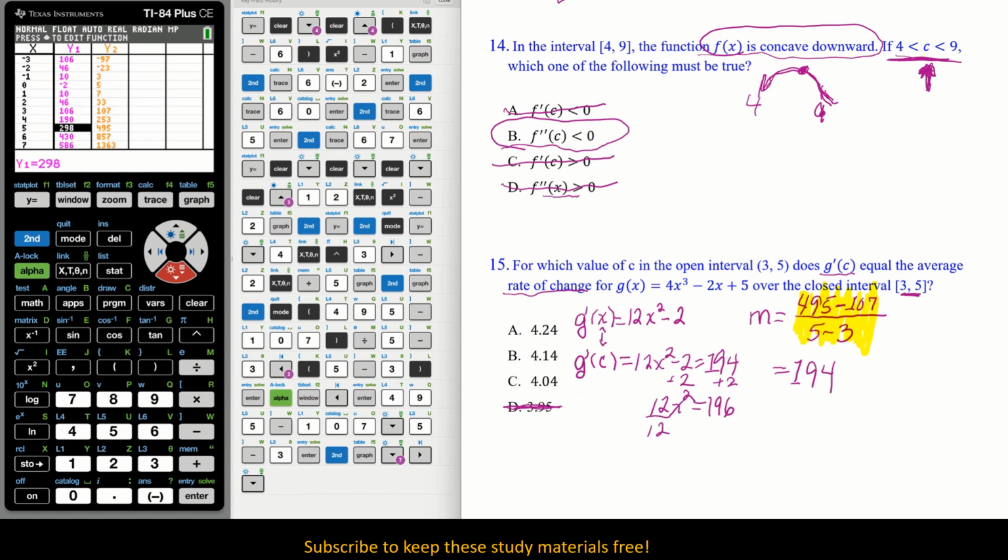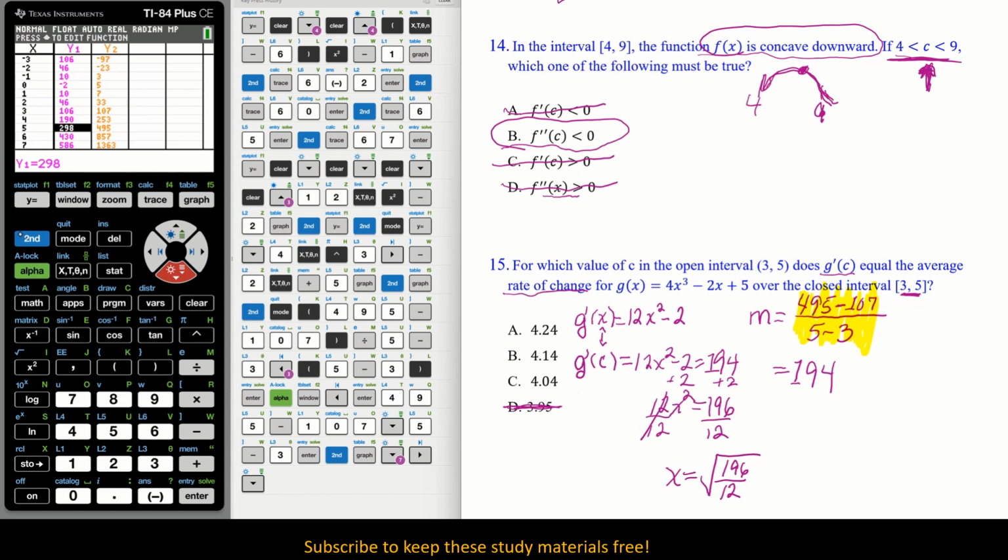Divide both sides by 12. This cancels to get the value of x. We need all of that under the square root, and that should work. Great, but let's do some estimating here. It's a good way to check it both ways.